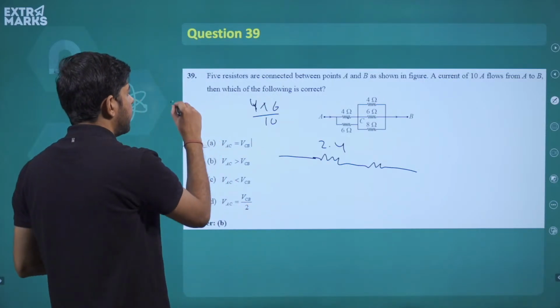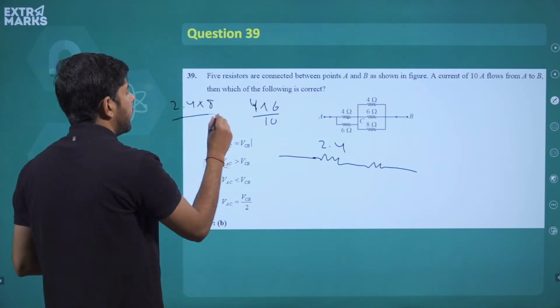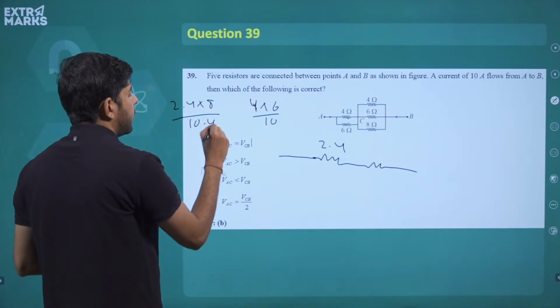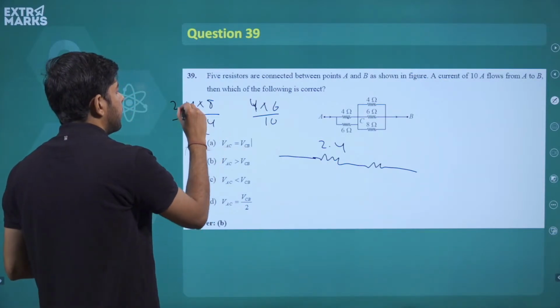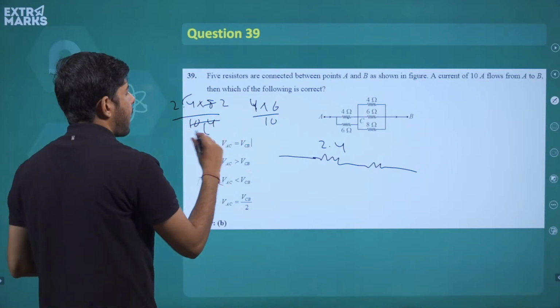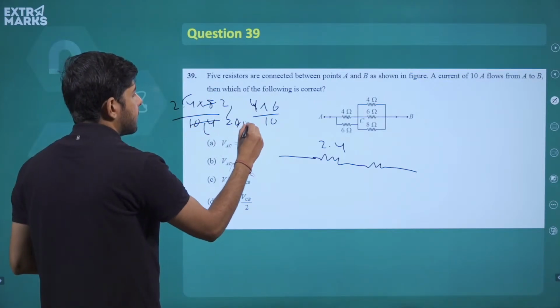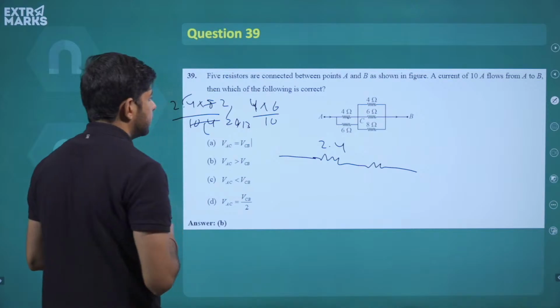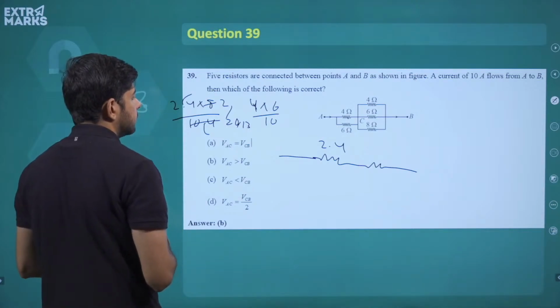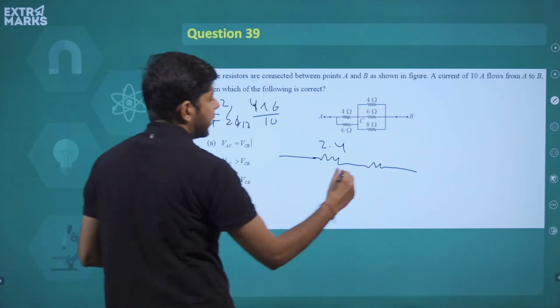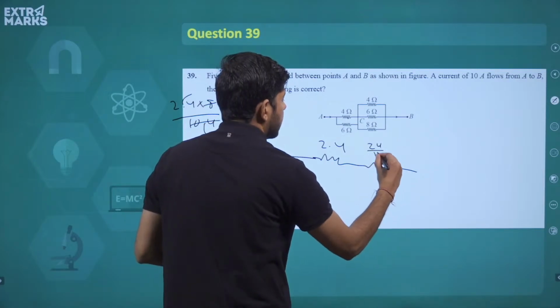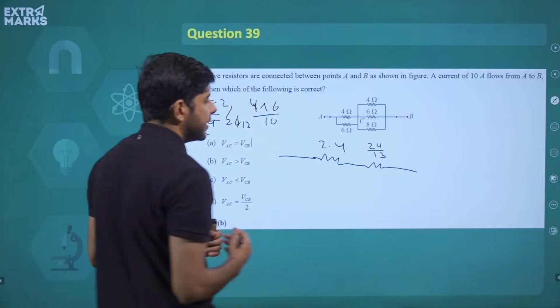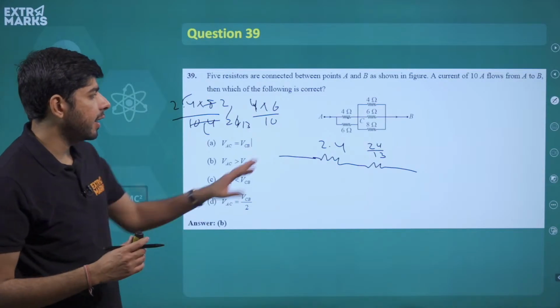That is going to be 2.4 into 8 divided by 10.4. Right, so this is going to be much less. So this is 24, yeah, this is 24 by 13. Alright, so these are the two resistances that we can treat as resultant.